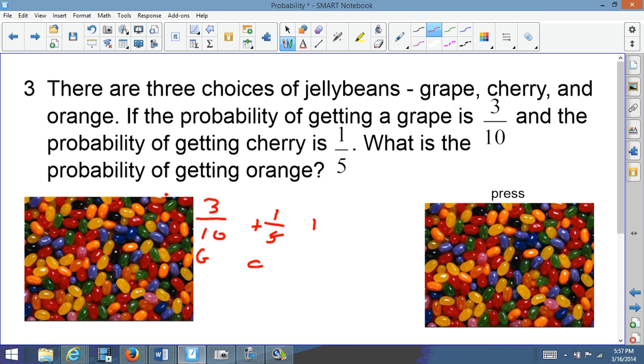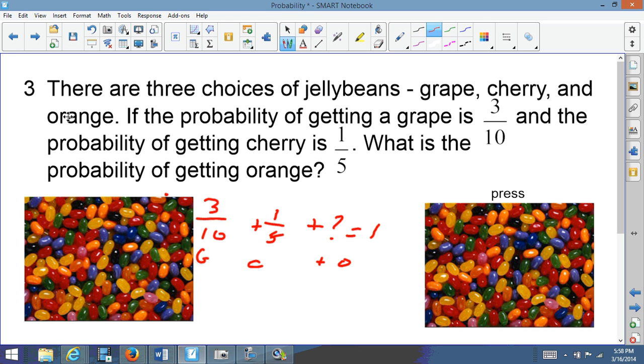So we need orange, which is going to be something, and that's all going to add up to one whole, because we have three flavors and they all have to add up to a total of 10/10, or one whole, because that's the total of the probability.